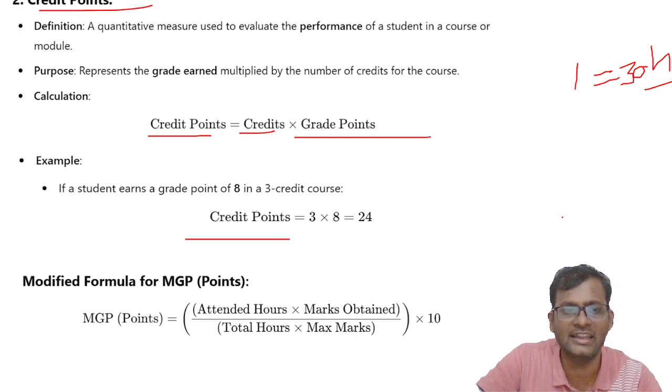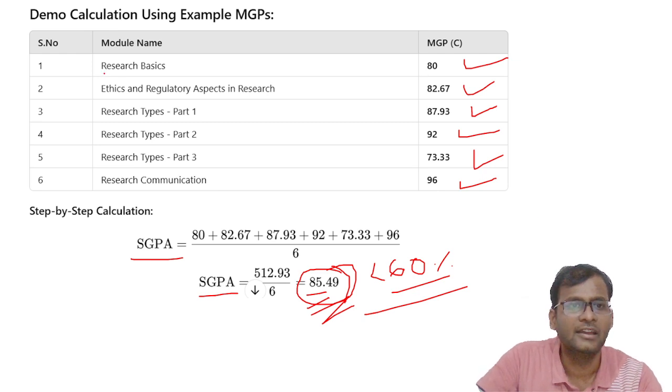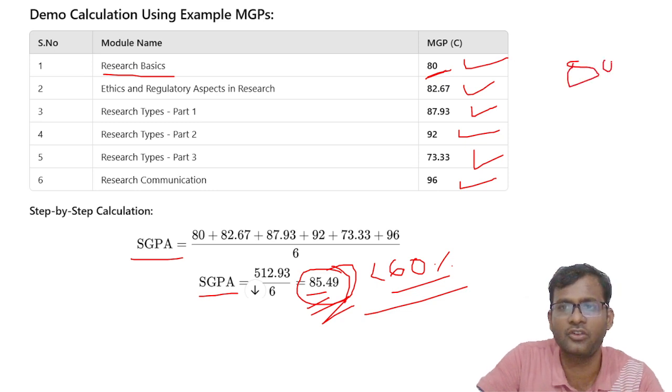Above, we calculated MGP in percentage. If you want it on the 10 scale, then you have to divide that by 10. For example, the obtained MGP in percentage is 80. If you want to calculate the credit points, credit points is equal to credit into obtained MGP.